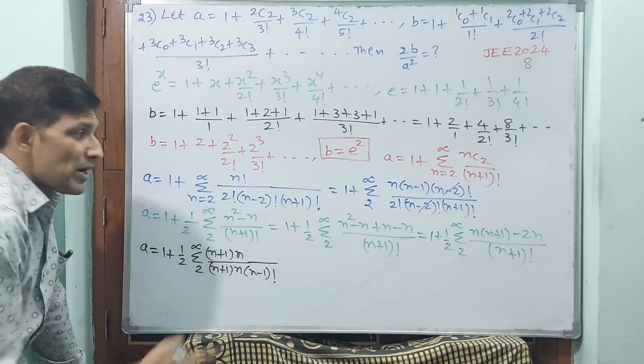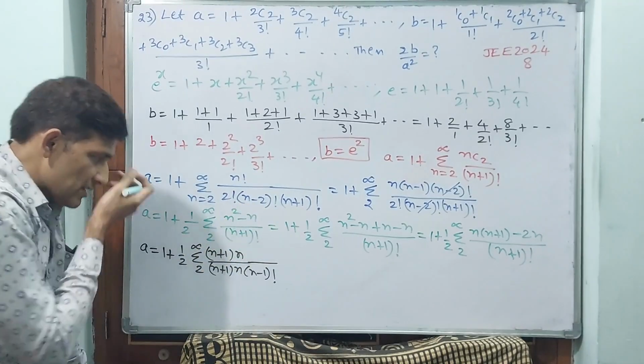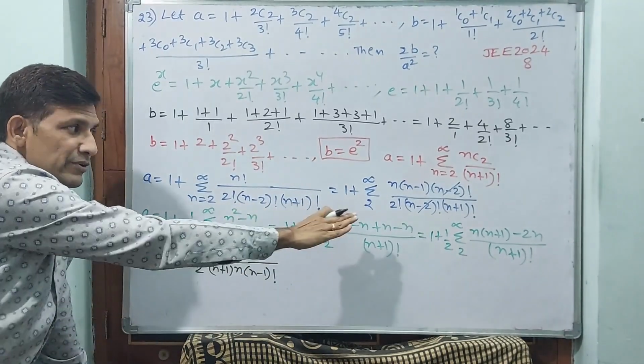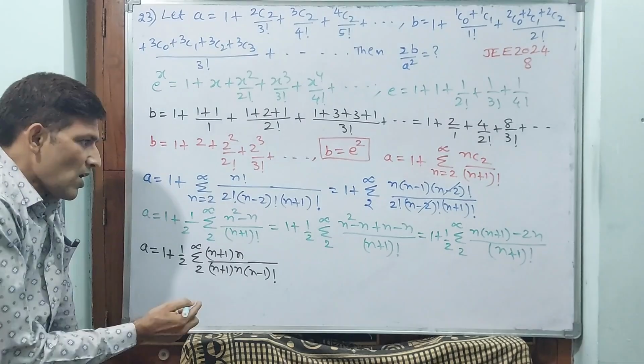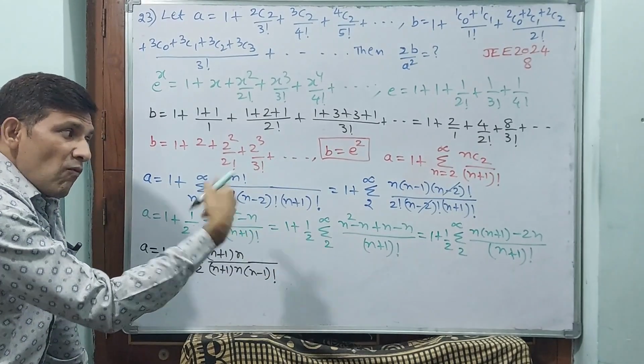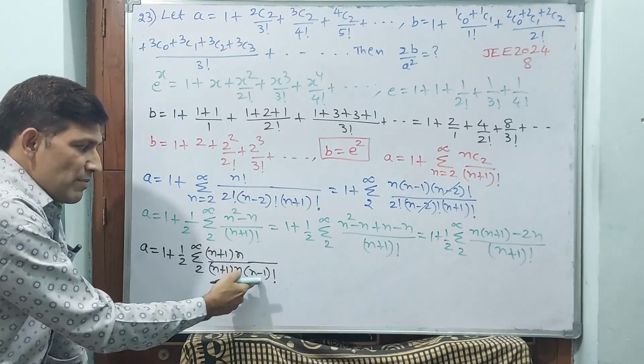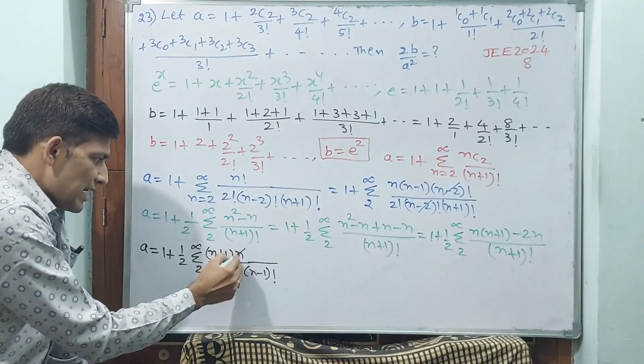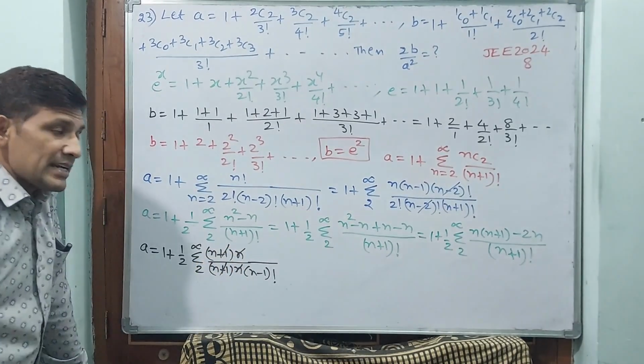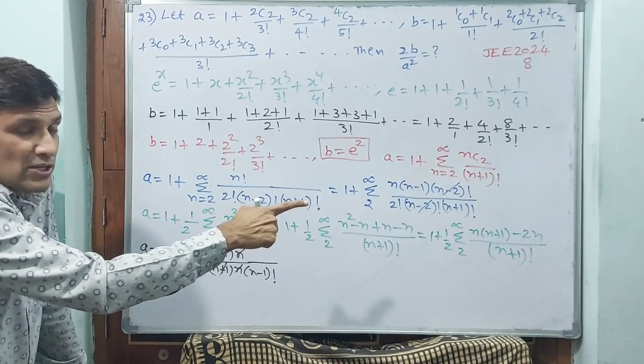Why? Because the denominator has only factorial, the numerator has no factorial. That is why in the numerator I have simply written n plus 1 into n, or n into n plus 1, both are the same. Now you can cancel out n plus 1.